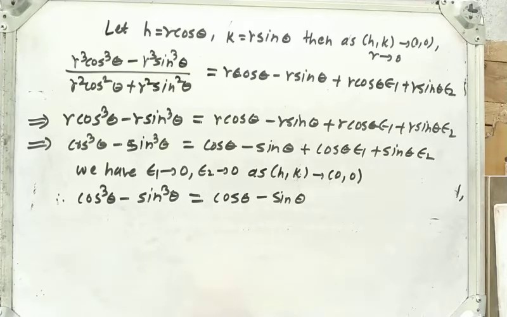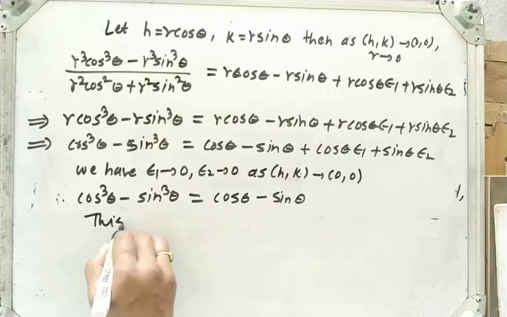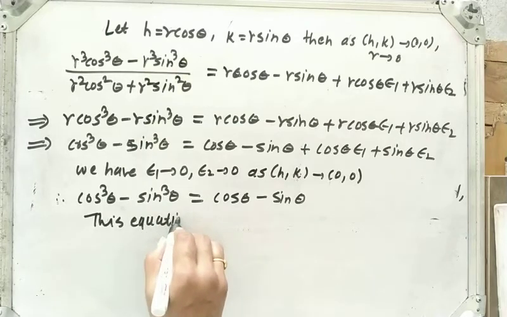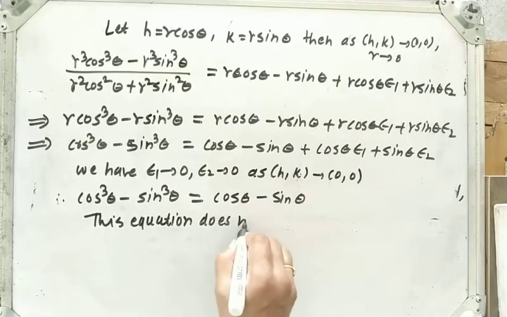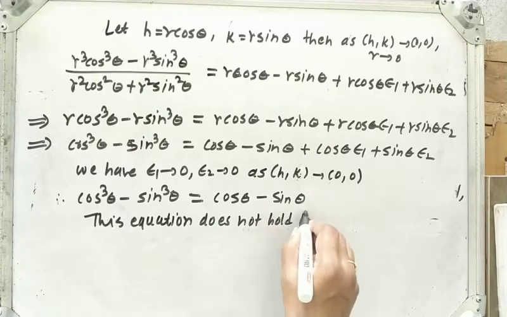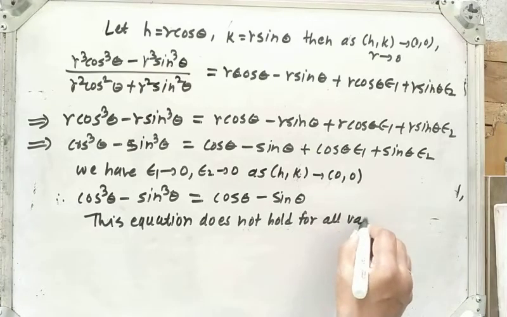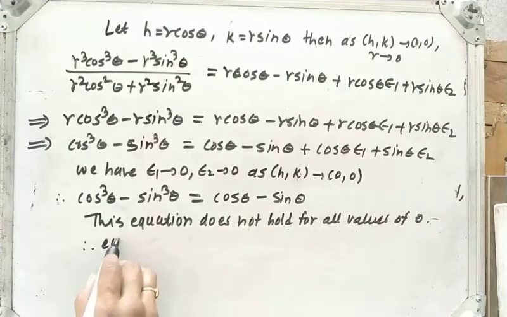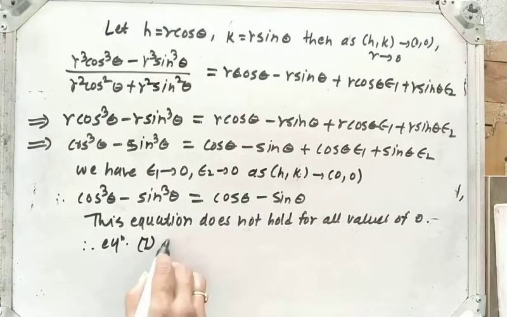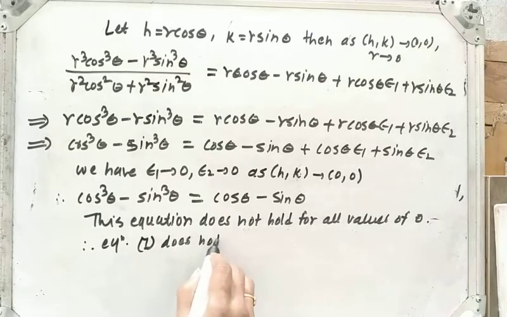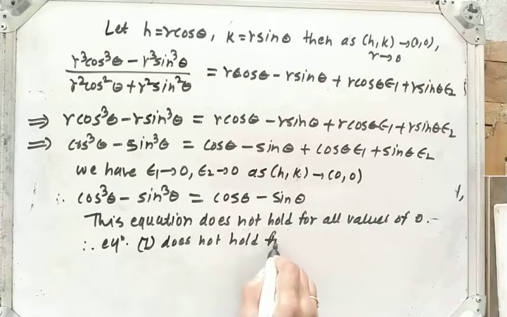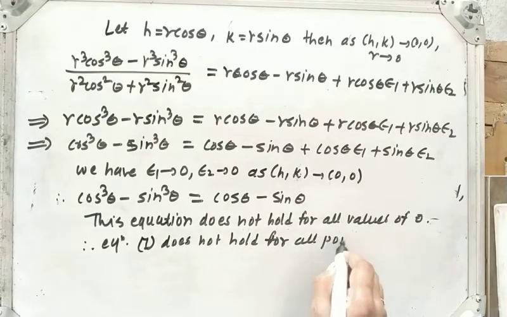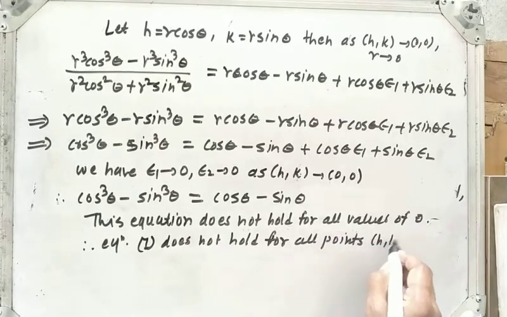So here I am writing, this equation does not hold for all values of theta. Therefore, equation 1 does not hold for all points h, k belongs to a neighborhood of 0, 0. Okay.